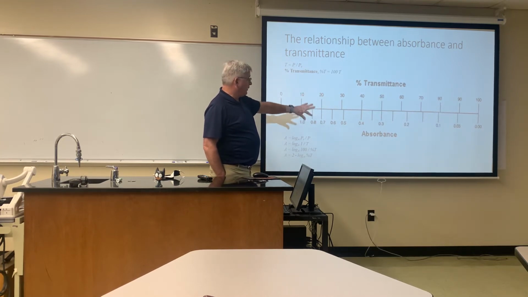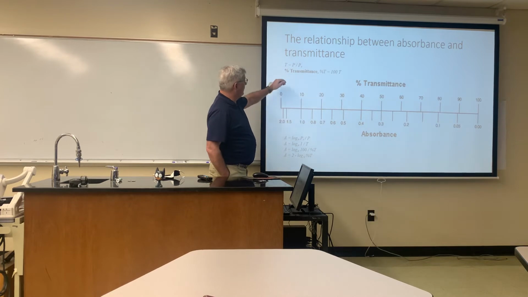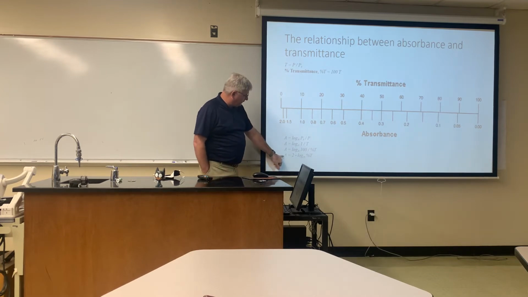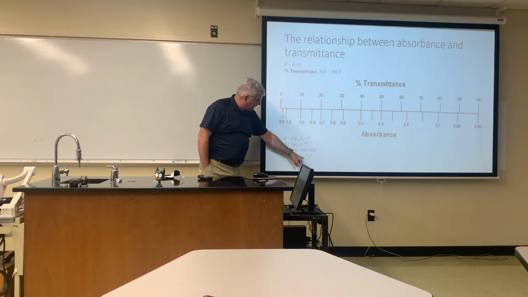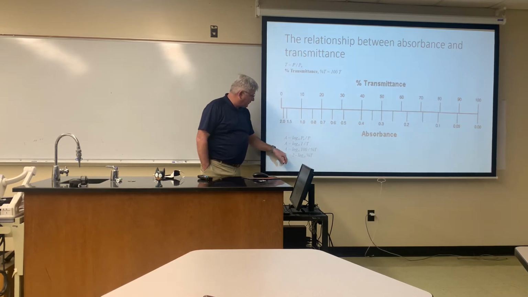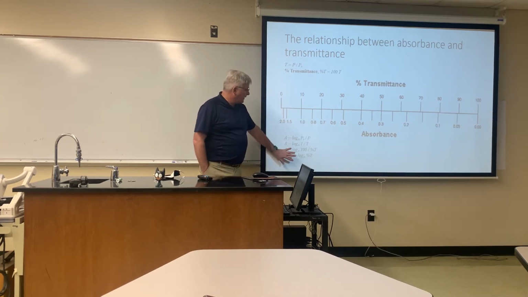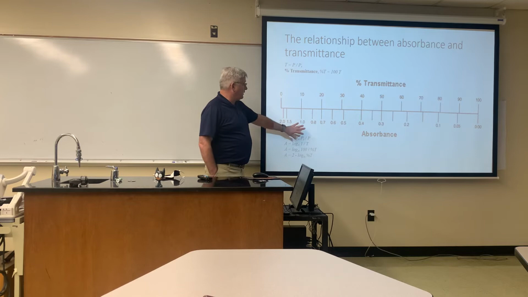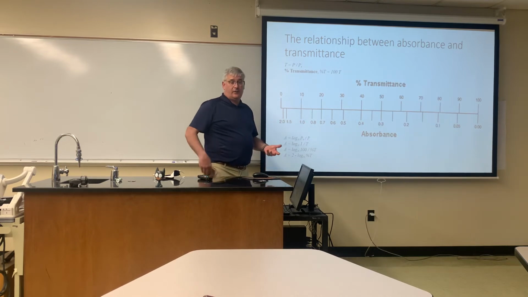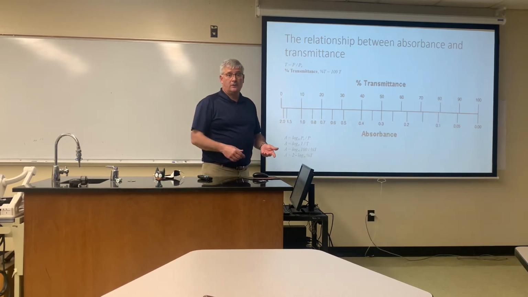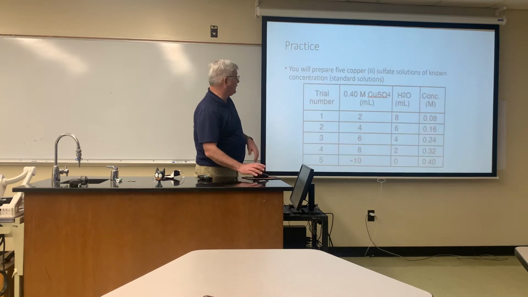And so those are related mathematically. Absorbance is equal to 2 minus the log base 10 of the percent transmittance, so you can work back and forth between the 2 scales with mathematics. But absorbance is the unit that we need to use for today's experiment because it's proportional to the concentration.